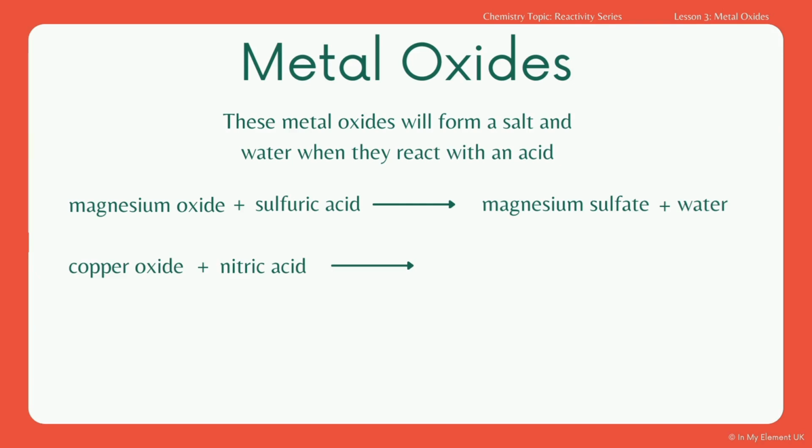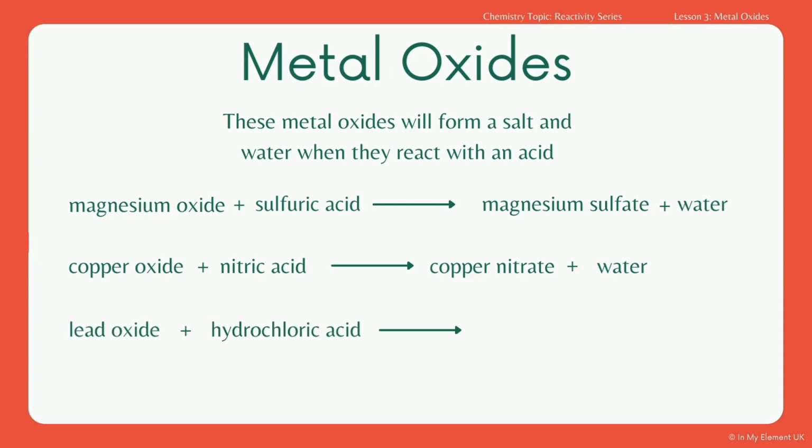Another example, using a different acid, copper oxide is the metal oxide reacting with nitric acid. So that will form a nitrate salt. You need to remember that. In this case, copper nitrate and water. And then a third example with the third acid we need you to be aware of, and this is the one that you'll use the most in the lab at school, and that's hydrochloric acid.